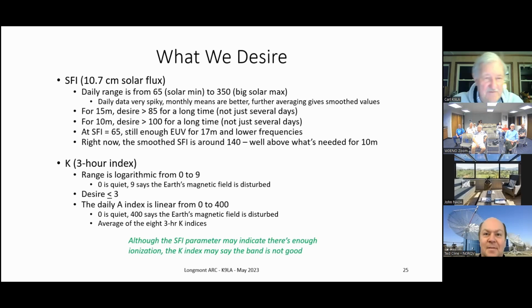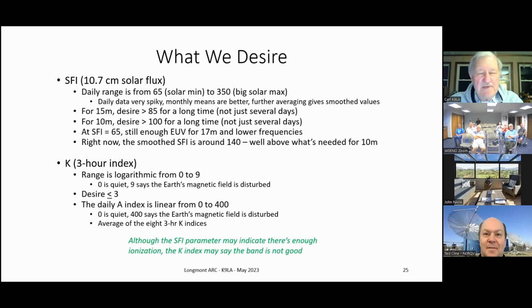Now, for 15 meters, we desire that the solar flux be greater than 85 for a long time, not just several days, but for a long time. For 10 meters, we desire it to be greater than 100. Right now, the smooth solar flux is about 140, and you can see why 10 and 15 have been open last fall and winter.